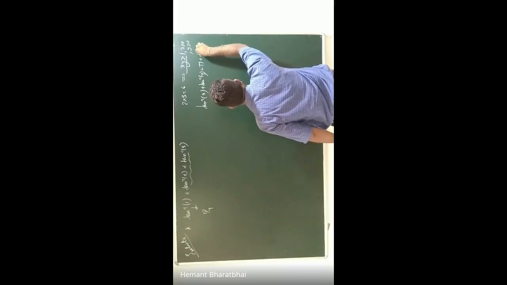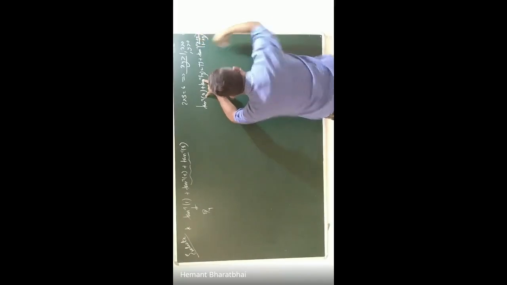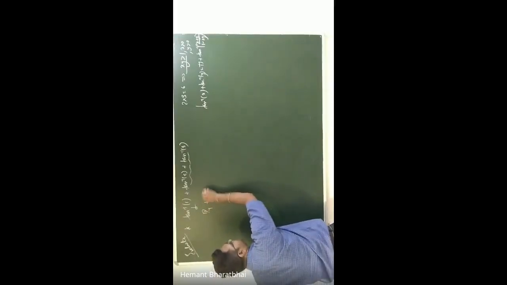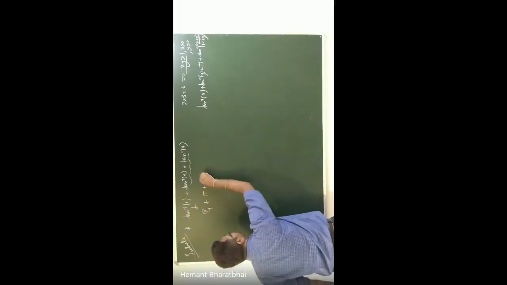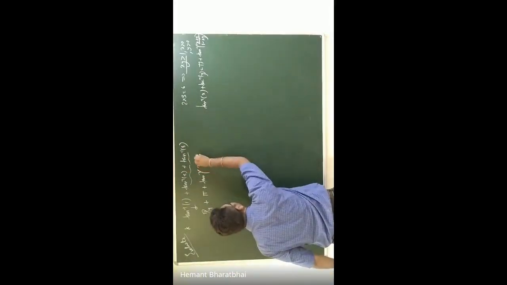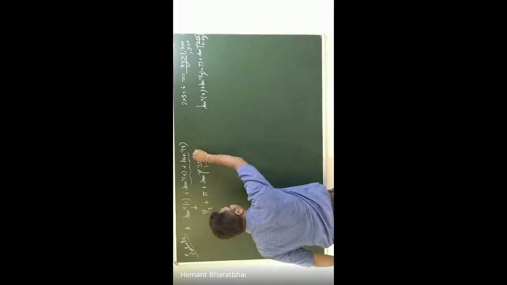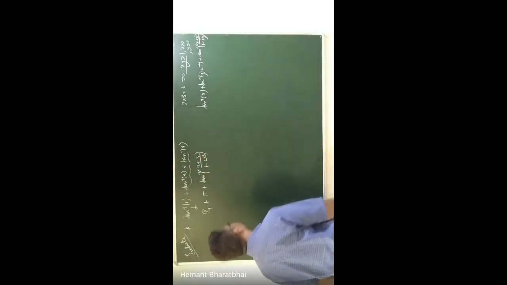In that case, it is pi plus tan inverse of, here since there is addition, you will add over here and here you are going to subtract. If I apply this formula, I get over here pi plus tan inverse of x plus y, so that will be 2 plus 3 upon 1 minus x into y, that is 2 into 3.